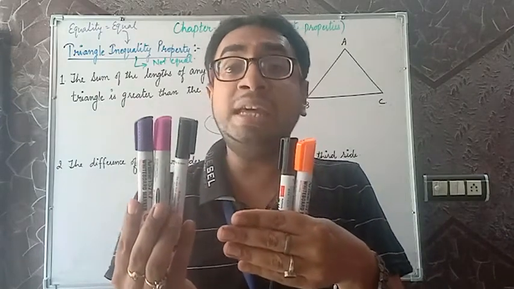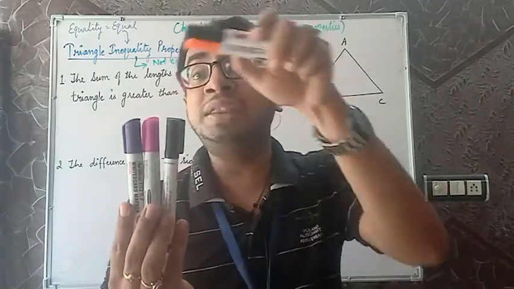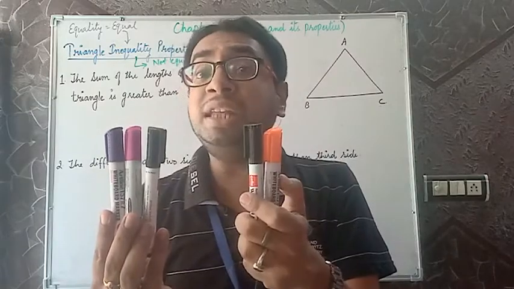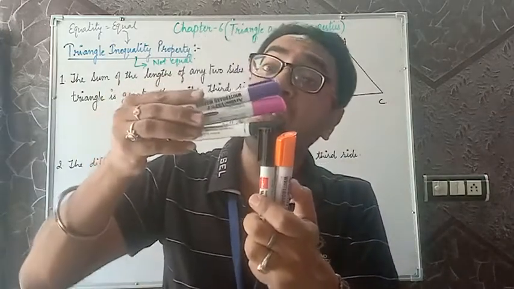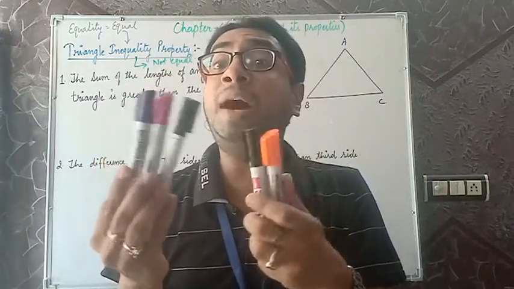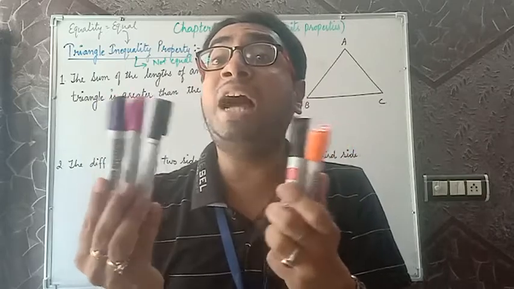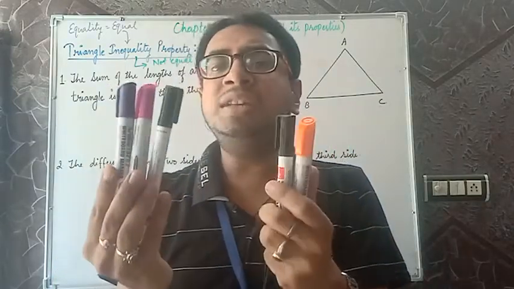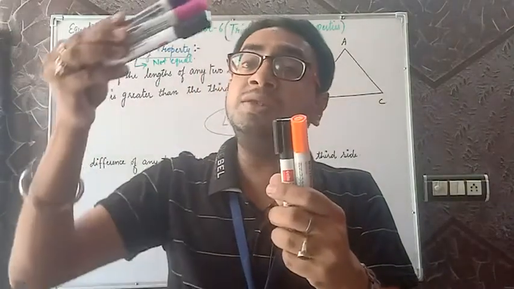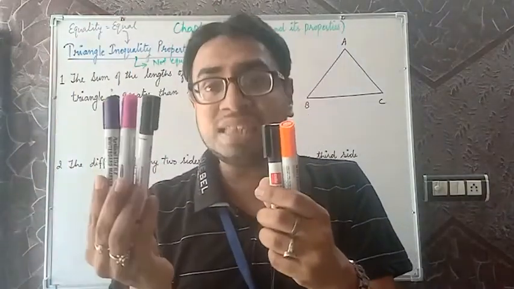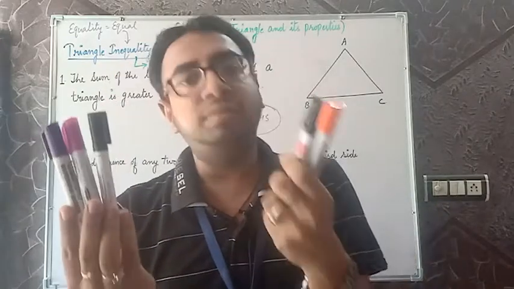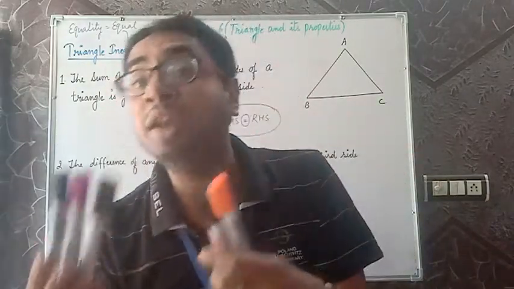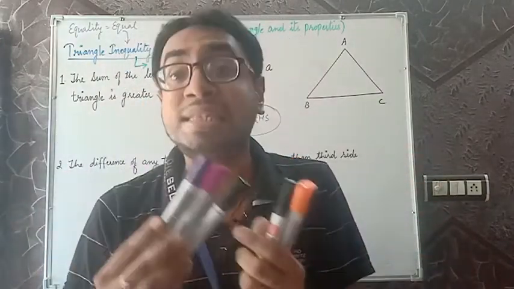Now can I say the number of markers on this side is greater than the number of markers on this side? I've used one word called greater. Or in another sense, can I say the number of markers on this side is less than the number of markers on that side? Yes, we can use either greater or less.